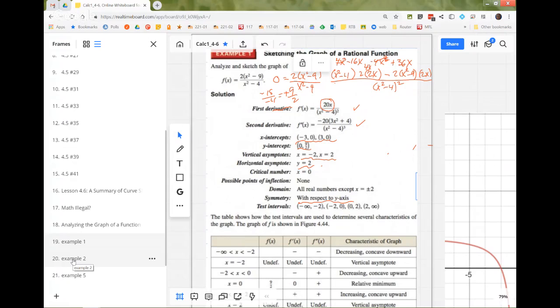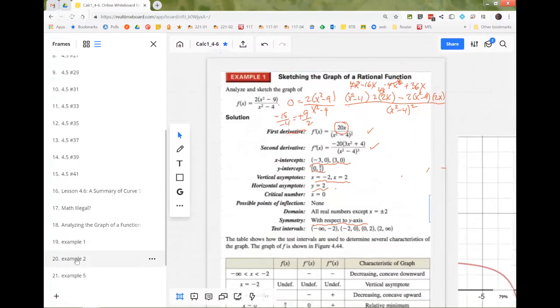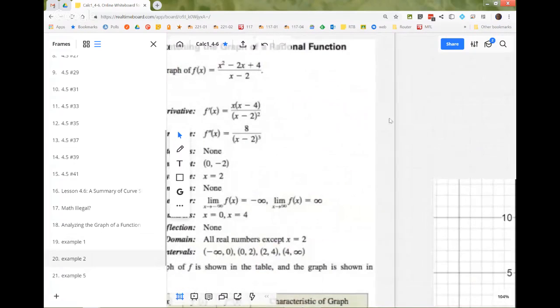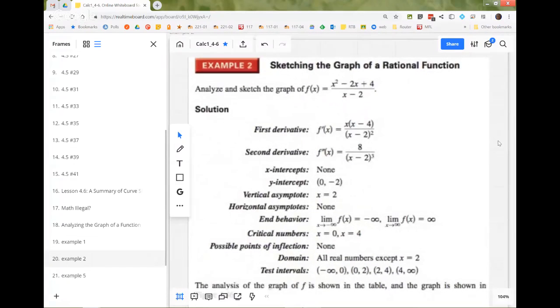Okay, let's look at a second example. So this one was a rational function. Example 2 is another rational. We got a little bit more of a complicated numerator though. Now you're going to notice that when the book does its first and second derivative, do you see how they often have them factored?